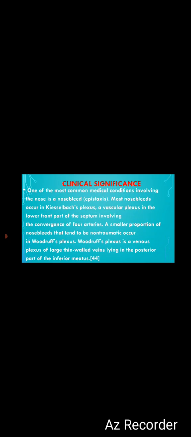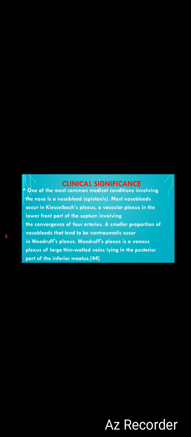Clinical symptoms. One of the most common medical conditions involving the nose is nosebleed, that is epistaxis. Most nosebleeds occur in Kiesselbach's plexus, a vascular plexus in the lower front part of the septum, involving the convergence of four arteries.